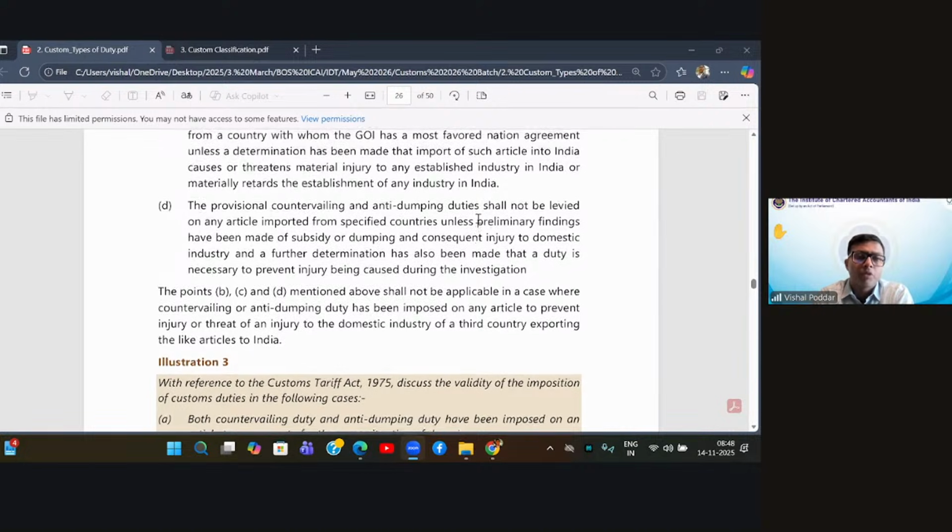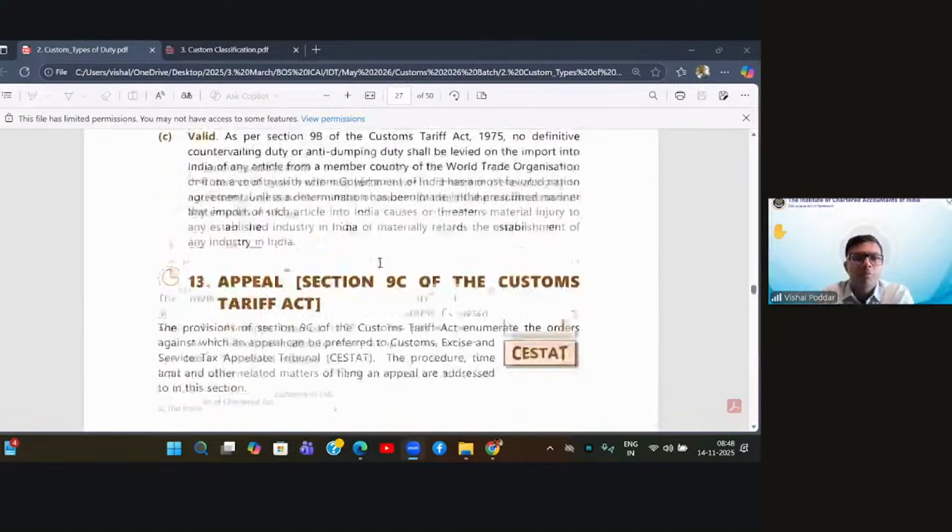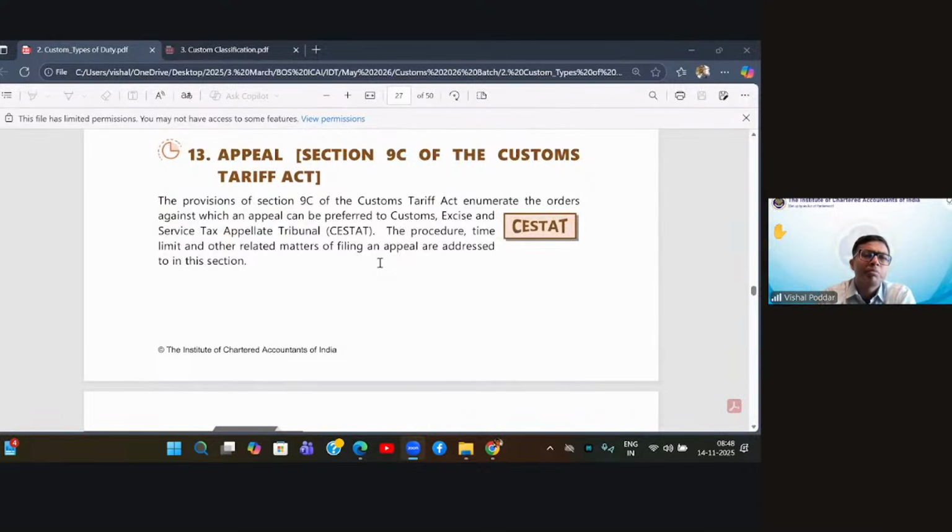Because we studied that government has power to levy provisional both of these duties, but that will not be levied where goods are coming from WTO countries or most favored nation countries unless the government has confirmed inquiry results. So that is just to provide for avoiding the misuse of the above duties.